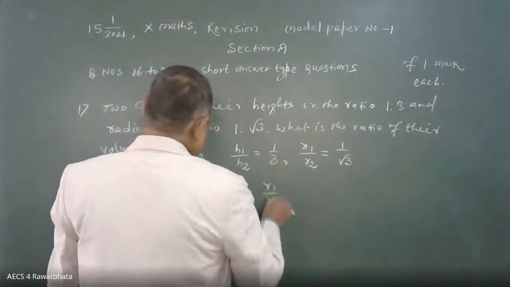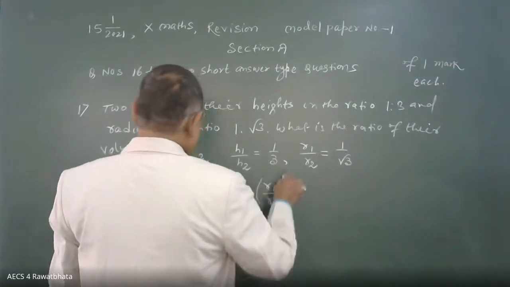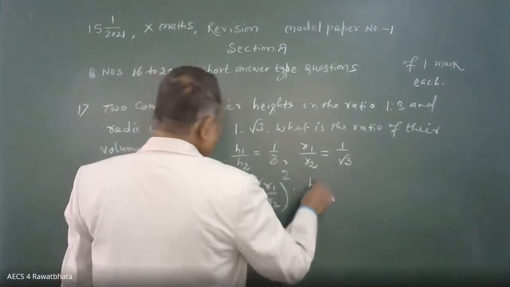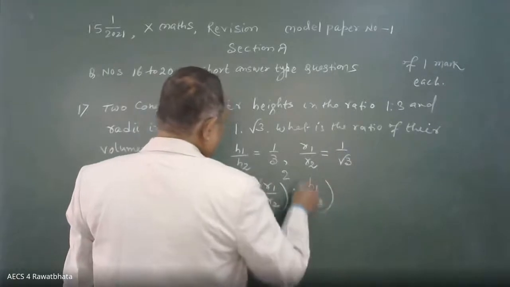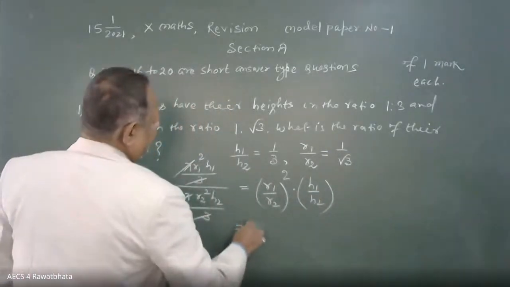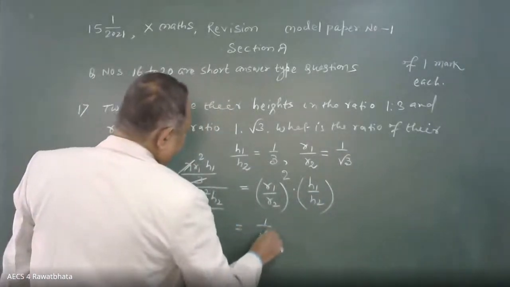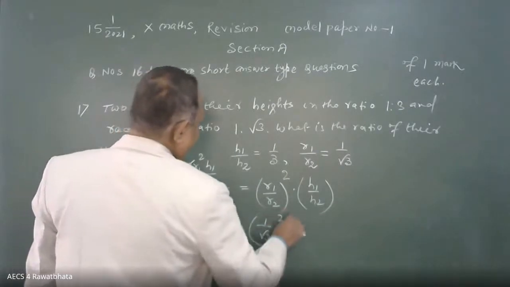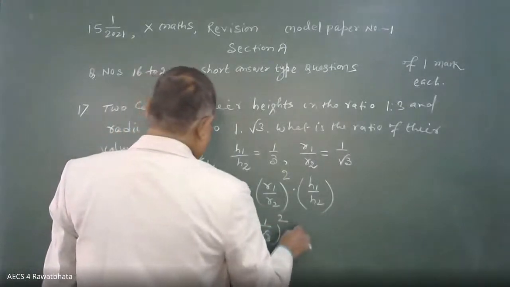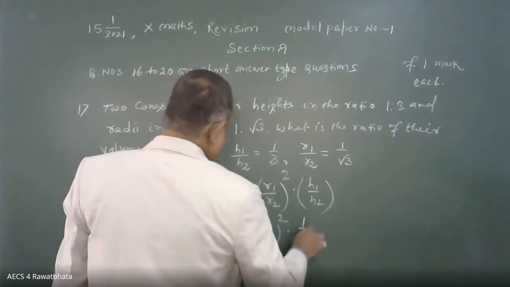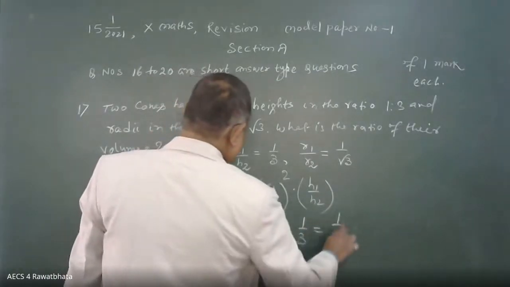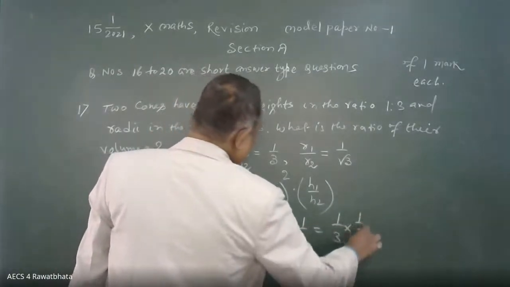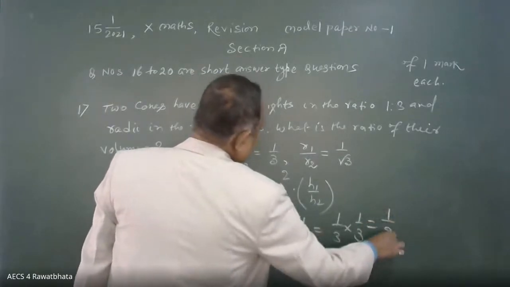R1 by R2 is 1/√3, whole square, multiplied by 1/3. So 1/3 into 1/3, that is 1/9.